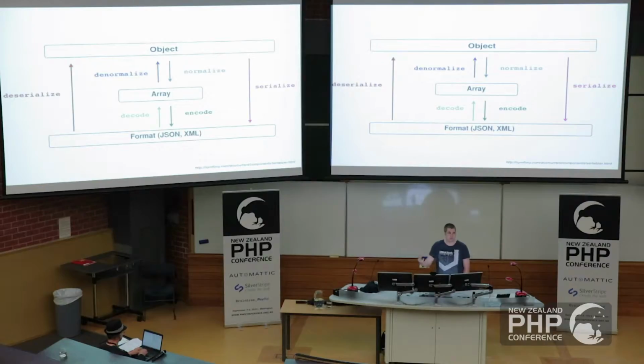So we have a kind of man-in-the-middle tool which converts the object into an array, and then the array is encoded to JSON or XML. When you deserialize, we do the opposite operation. The string is decoded to an array graph, and then the array is denormalized to a PHP object. So we have JSON and XML encoders, and we have normalizers to convert PHP objects to arrays.